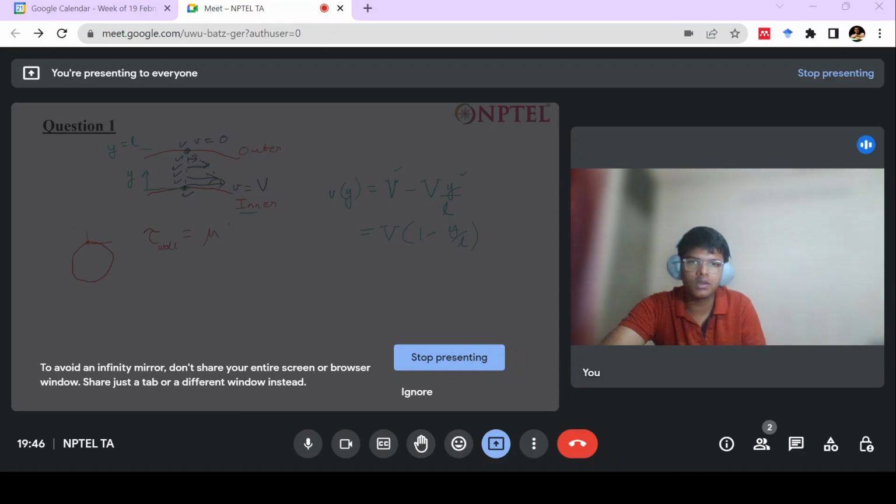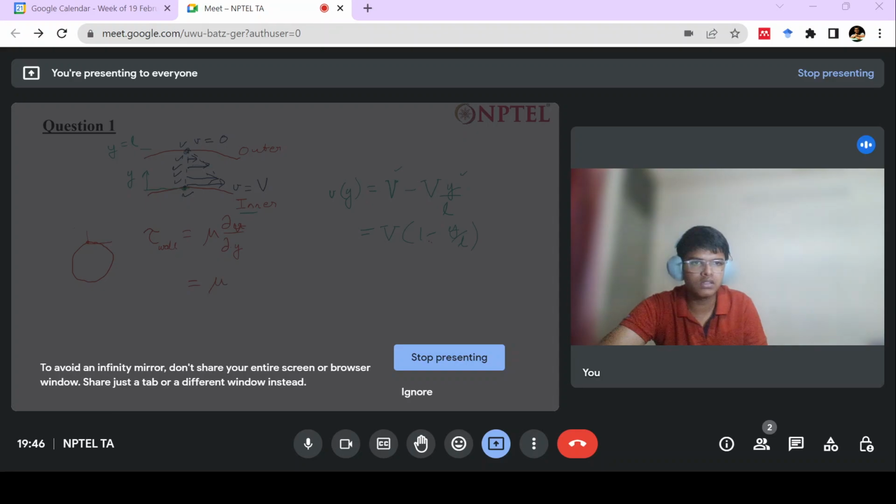This is given by mu del u del y, and since we have taken v here, mu del v del y. What is this? This is basically the stress applied on the fluid. So we will calculate this.